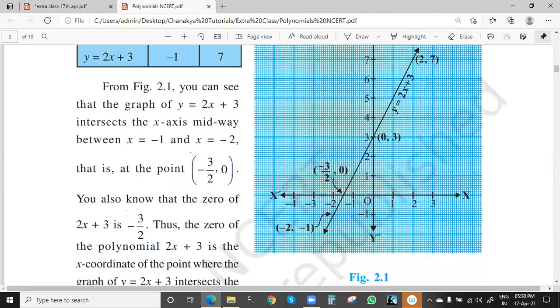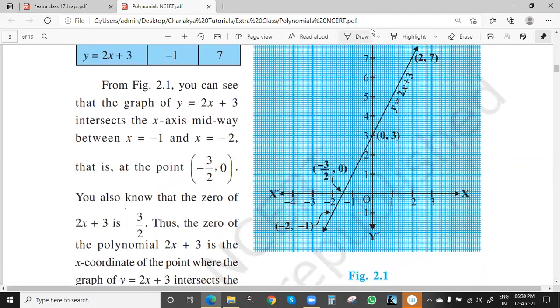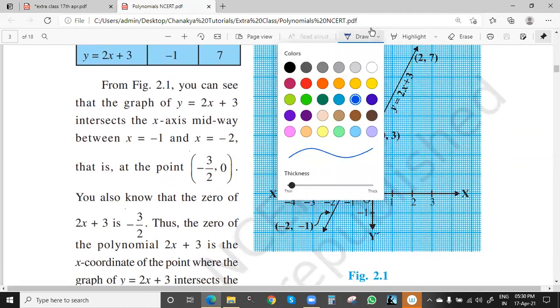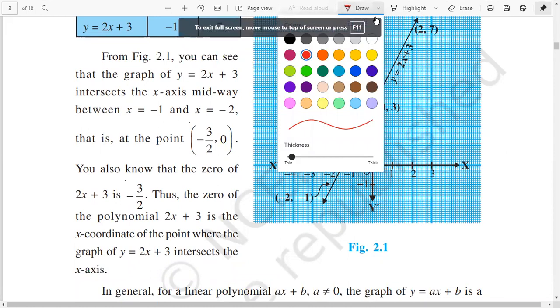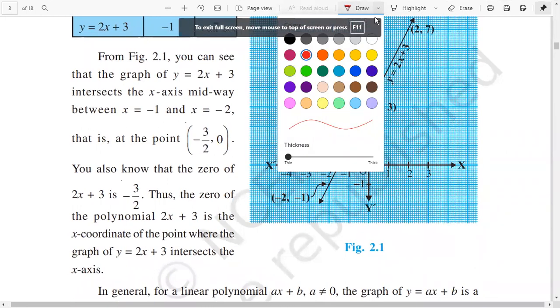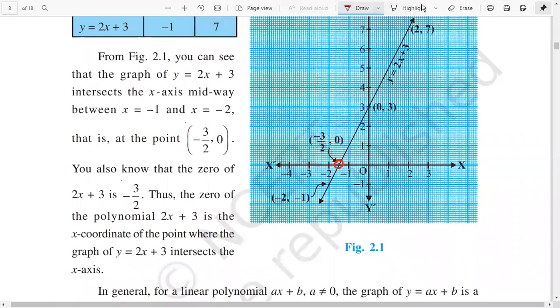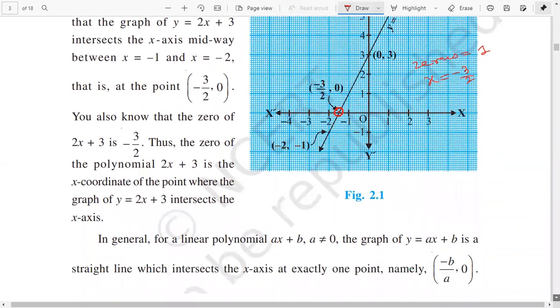Zero will be at this point, because this is the point where this graph is meeting the x-axis, correct? The zero's value is always the x value only, x equal to -3/2, and the number of zeros will be 1. So the number of zeros will be 1, correct? Now the next graph.